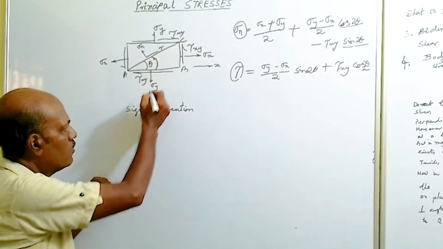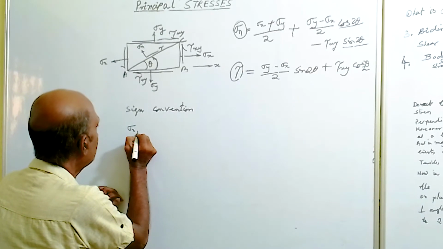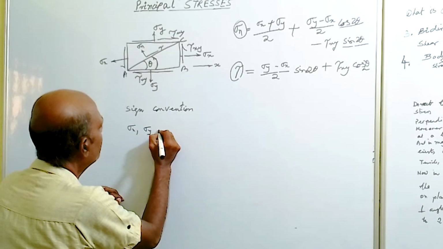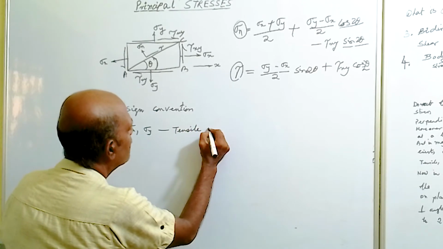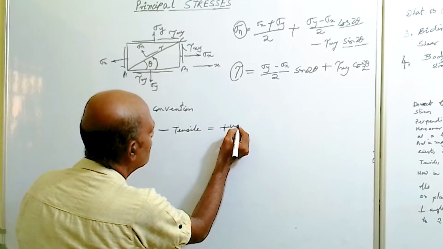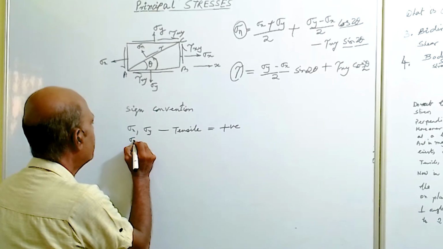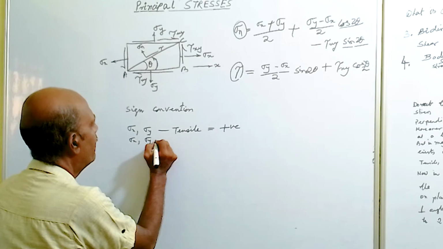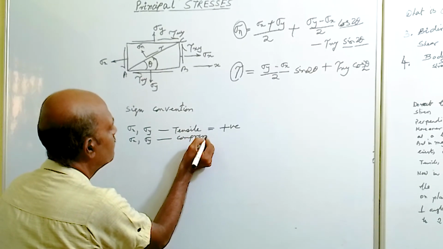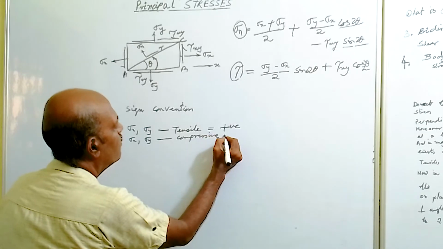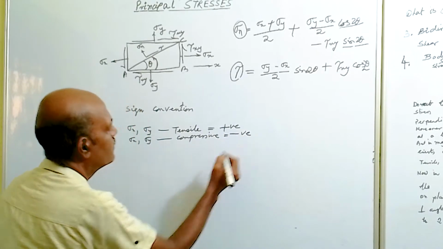Now, first we will see the sign convention. Sigma x and sigma y, if they are tensile stress, then we will write as positive stress. And if sigma x, sigma y is compressive stress, then we will consider as negative stress.